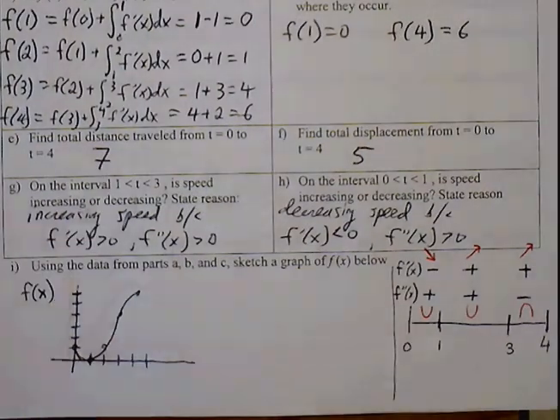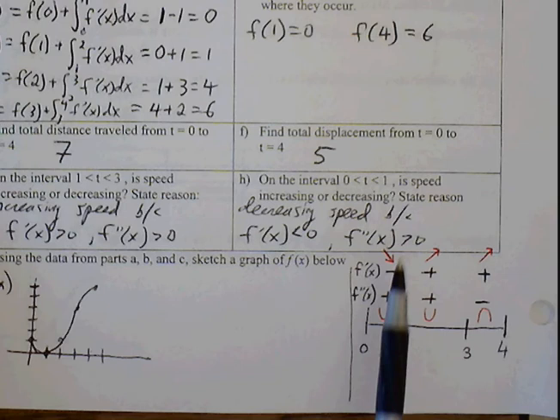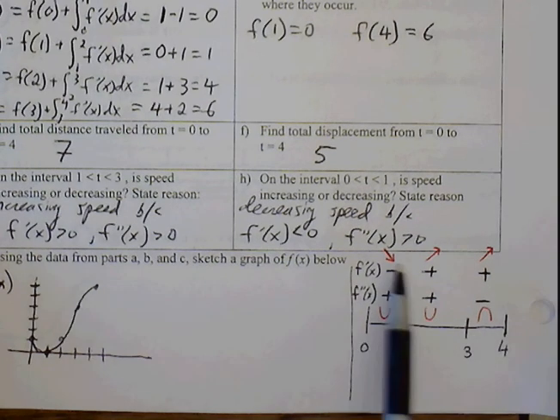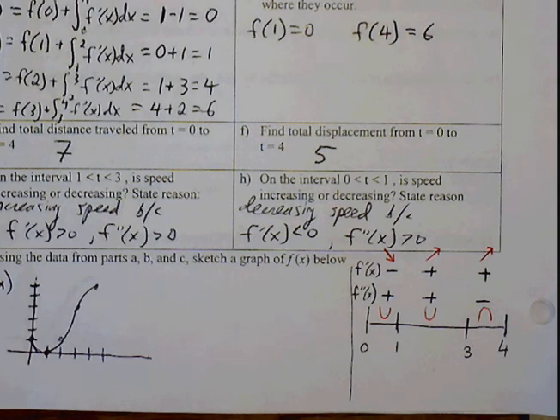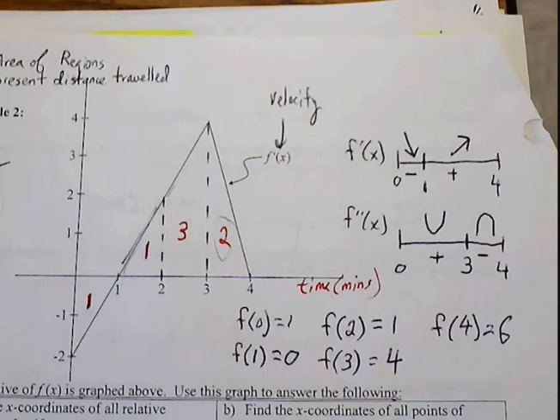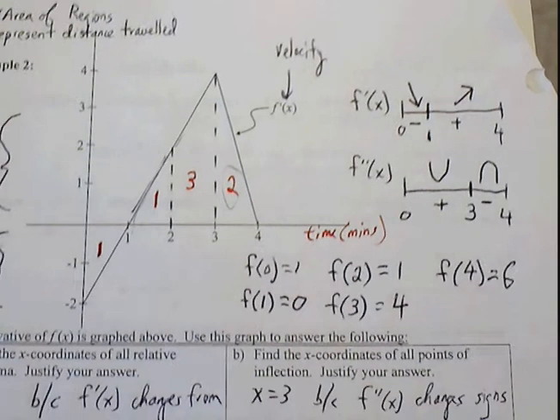Okay, part G, on the interval between 1 and 3, is the speed increasing or decreasing? This goes back to what we learned from first semester, we can simply compare the signs between f prime and f double prime. So we created a sign line in the beginning, and I'm just putting these two sign lines up below.